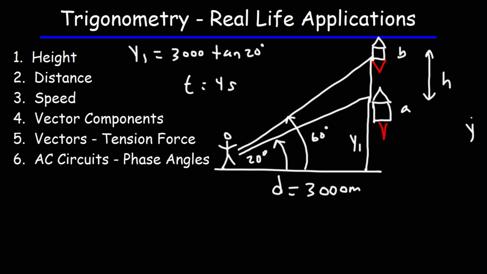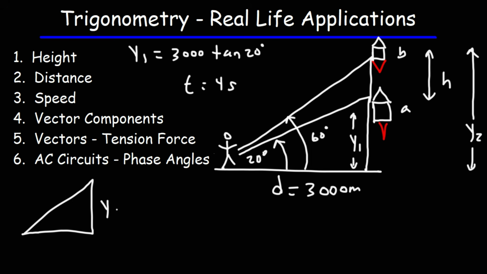Now let's call this y2. So for the second triangle, this is going to be y2. The new angle is 60, and this is still 3,000. So we have tan 60 is going to be y2 over 3,000.